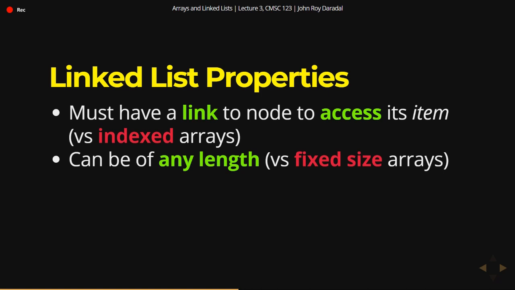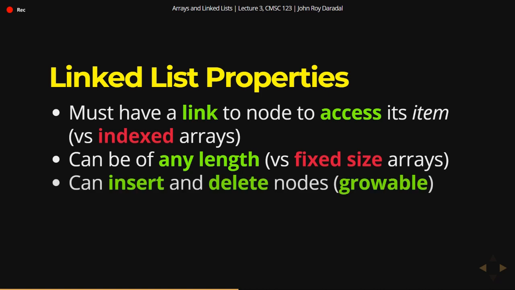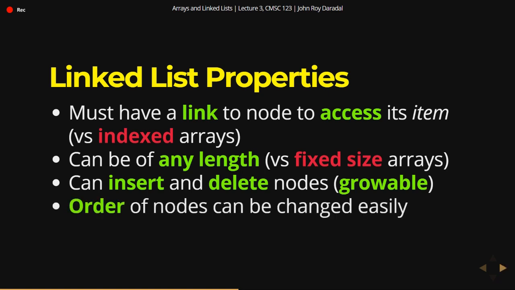Unlike arrays which have a fixed size, linked lists can have any length. So it's growable. Okay, so you can insert and delete nodes without any problems. So you can grow it as much as you want. And the order of the nodes can also be changed easily because you only need to update the links of the neighbors, no?